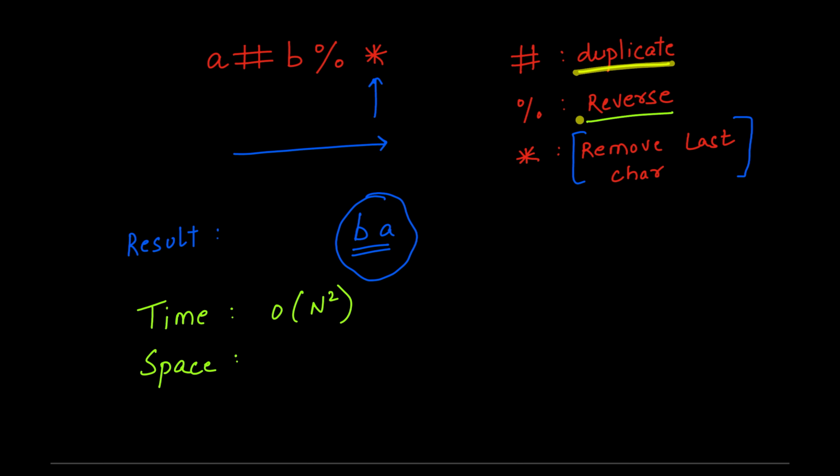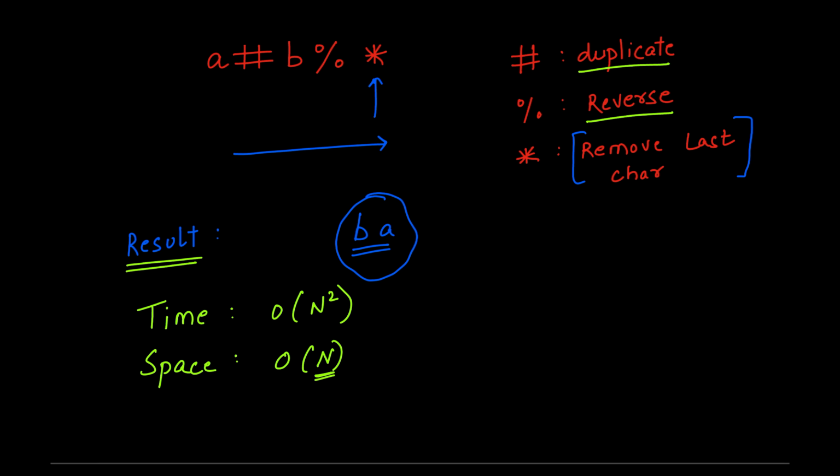Every time we are applying either of the two operations, we are actually working with all of the characters in the result string. Considering the worst case scenario where there could be multiple reverse operations or duplicate operations, the time complexity could go as high as O of n square. And the space complexity will be O of n, where n is again the number of characters in the input string. This is because we are building this result variable on the fly as we are applying the operation.